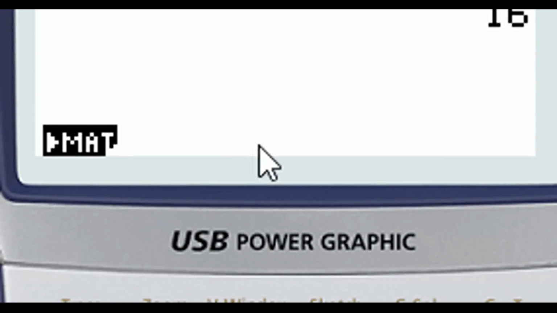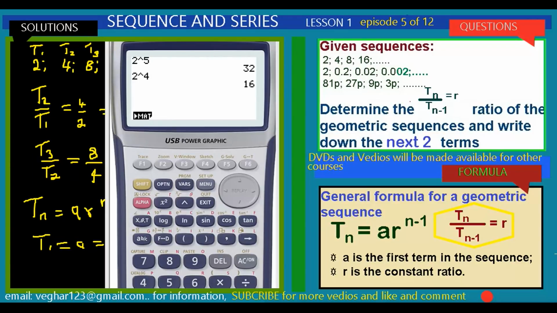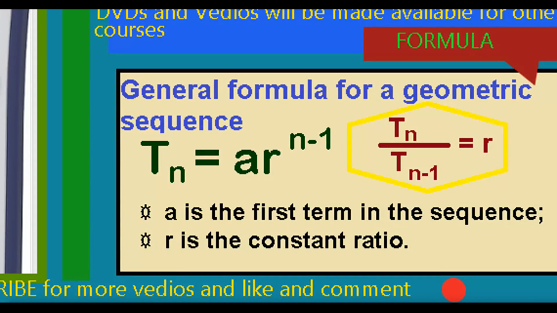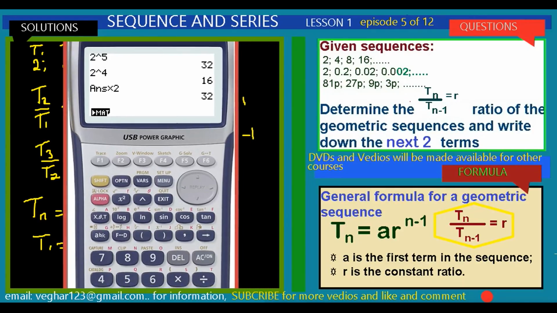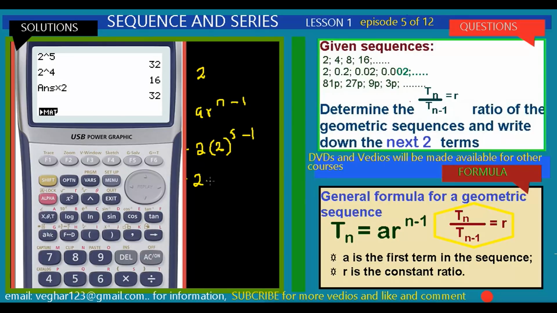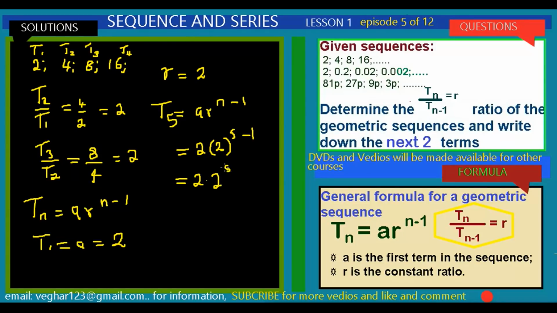Then we multiply by the 2, and when you multiply 16 by 2, you have 32. So term number 5 is 32.